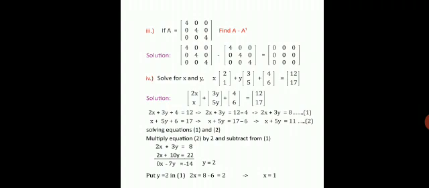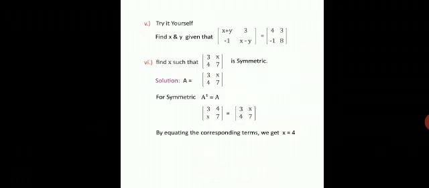Here 3 into y, the value of y is 2, that is 3 2s are 6. 6 is transferred to the right side for simplification. So it becomes 2x is equals to 8 minus 6 is equals to 2. So the value of 2x becomes 2. Then x becomes 1. The value of x here is 1 and the value of y here is 2.